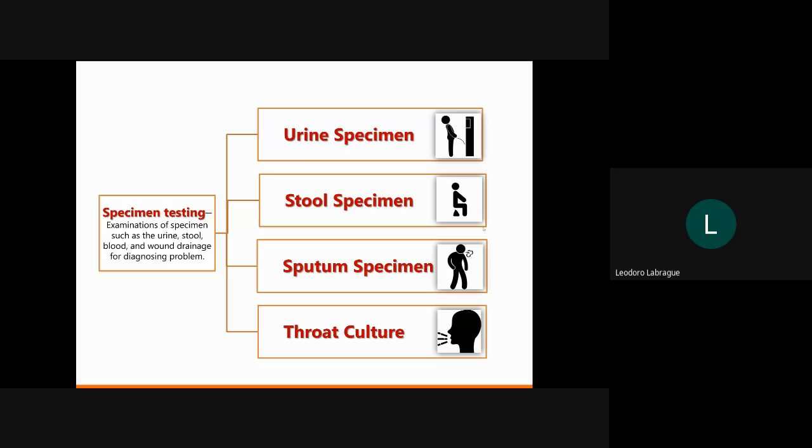The second one is about specimen testing. As you can see on the slide right now, there are 4 types of specimen testing that you can do with the patient. By the way, when we say specimen testing, we are taking samples of urine, stool, blood, or wound drainage.